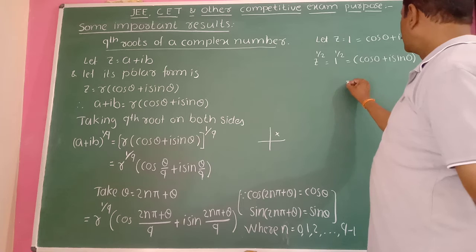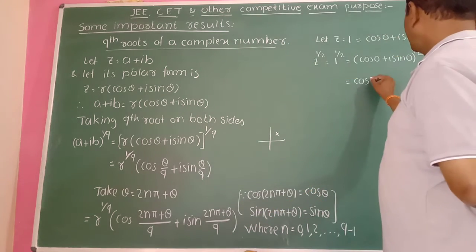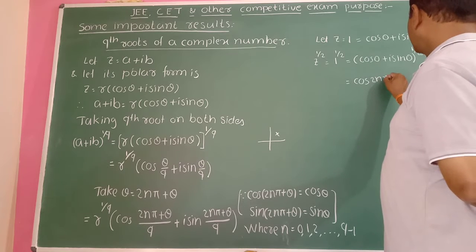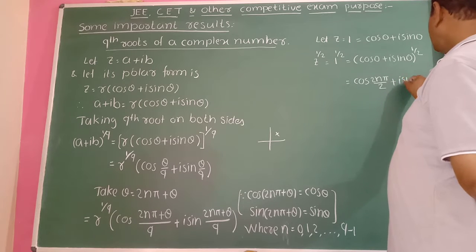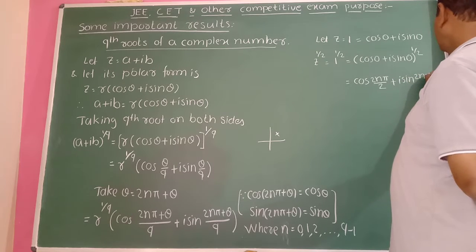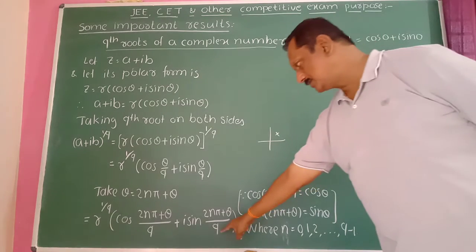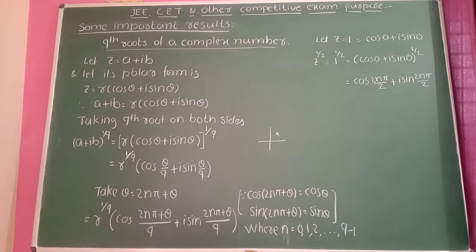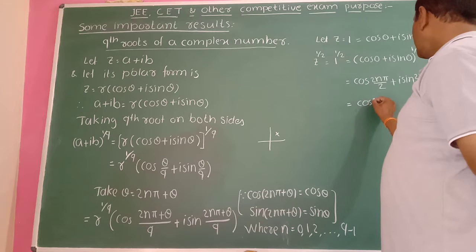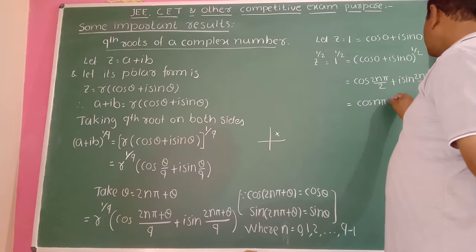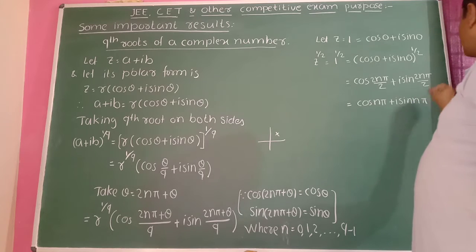So this is equal to cos of (2n pi plus 0) divided by q plus i into sin of (2n pi plus 0) divided by q. Q means this 2 here. Just replace q by this 2. Then 2 and 2 cancel here. Therefore this is equal to cos of n pi plus i into sin of n pi.